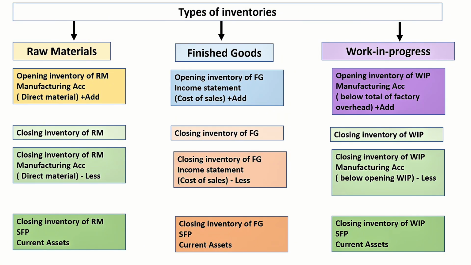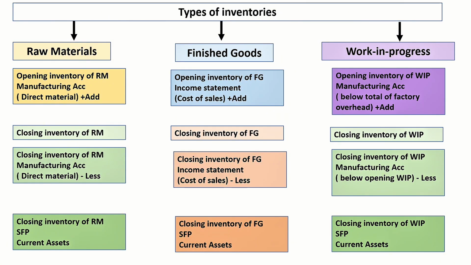In order to summarize, opening inventory of raw materials, finished goods and work in progress, all three are added in respective final accounts, whereas closing inventory of raw materials, finished goods and work in progress is deducted in the relevant accounts.